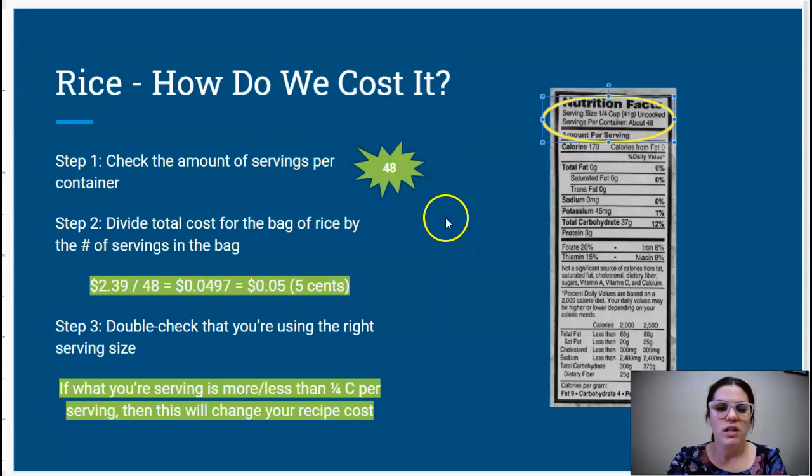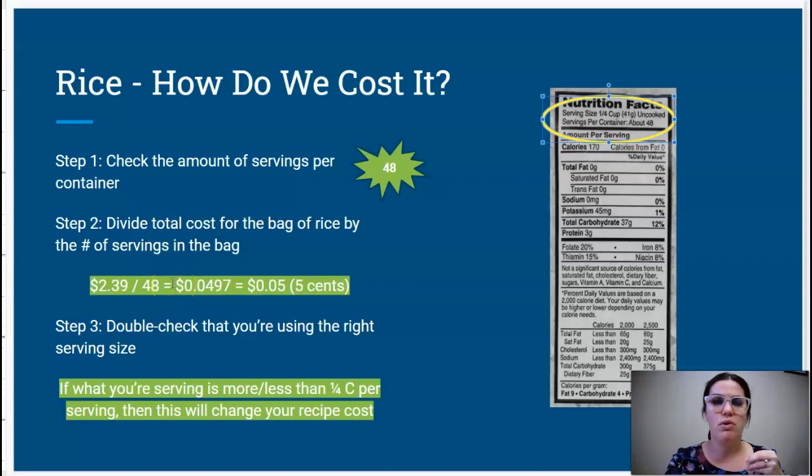The next thing that we're going to do is divide the total price of that product, so the total price of the 5-pound bag, which was $2.39, by 48, which is the amount of servings. So we have the total price for that product that we purchased divided by the servings in that container. So the cost that we are estimating here is the serving price, okay?